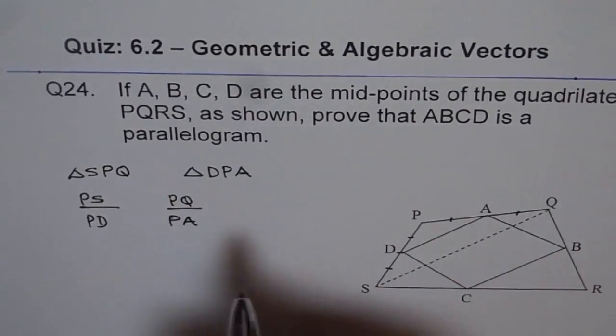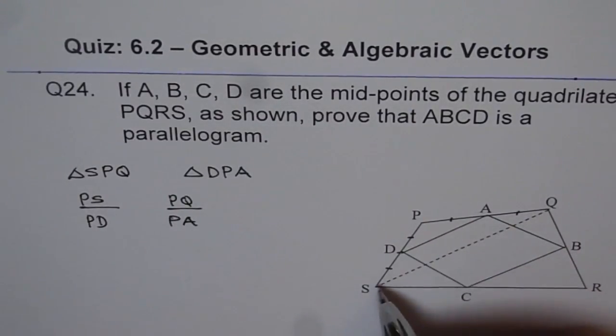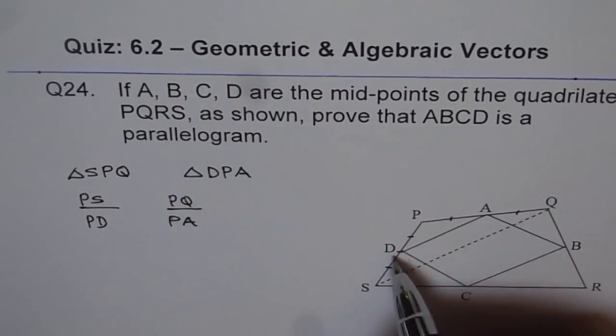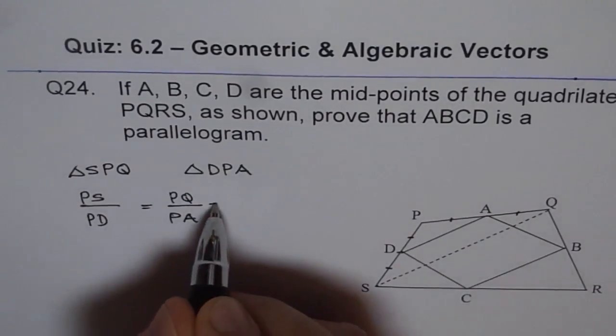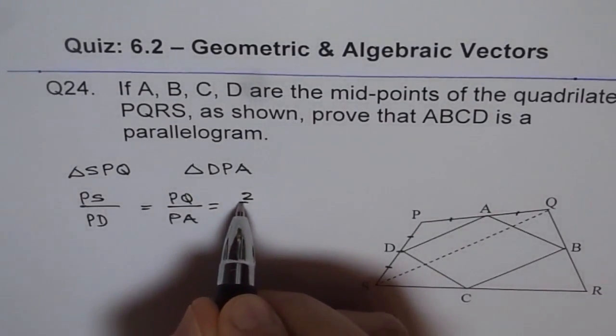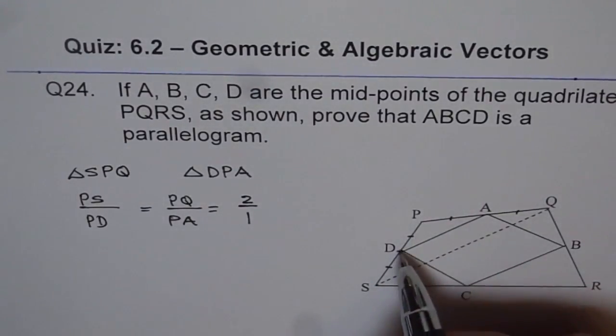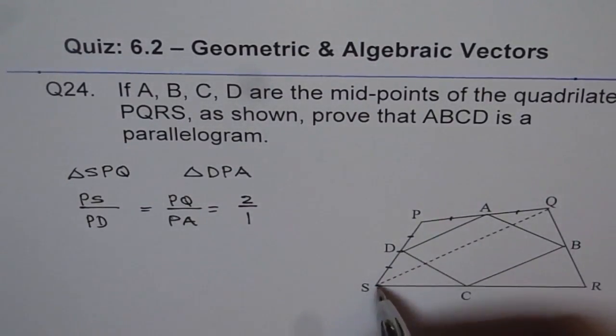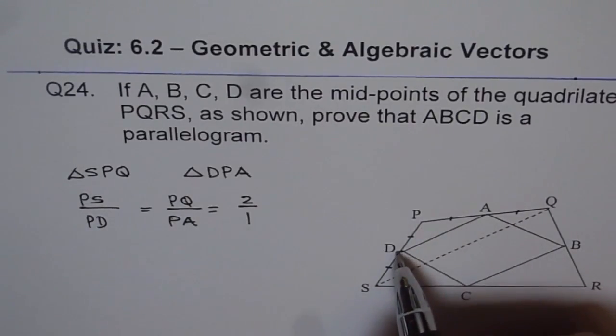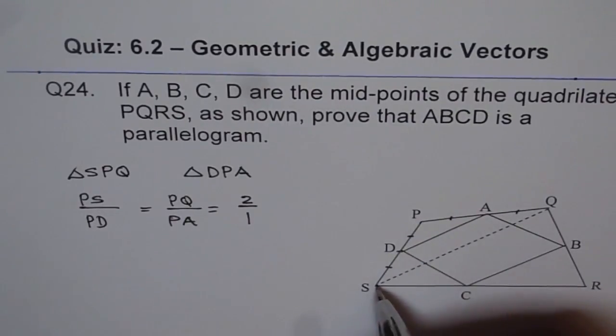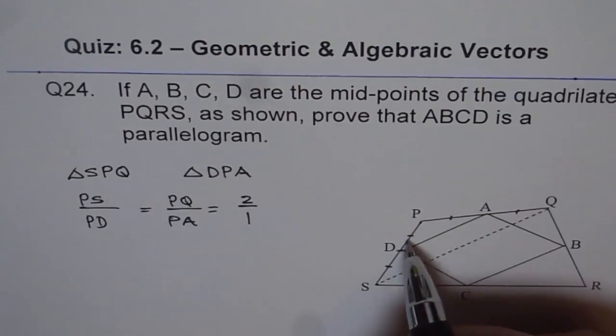We know that PS is twice PD, so they are equal. They are both 2 over 1, since PD is half of PS. If this total length is 2 units, then PD is 1 unit, so the ratio is double.